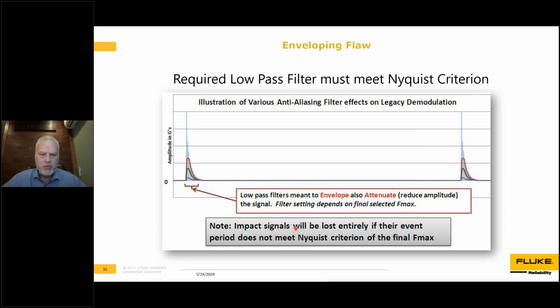If you're asking for a 200 hertz final bandwidth, then everything above 100 hertz is going to be filtered out of that final data set. So even if it captured the individual ring down frequency, if the entire event period doesn't exceed 100 hertz, and that first example I gave you was 1,000 hertz, it's going to be filtered out of a standard demodulation. So you still may not see it, and this is particularly true in slow speed machines.